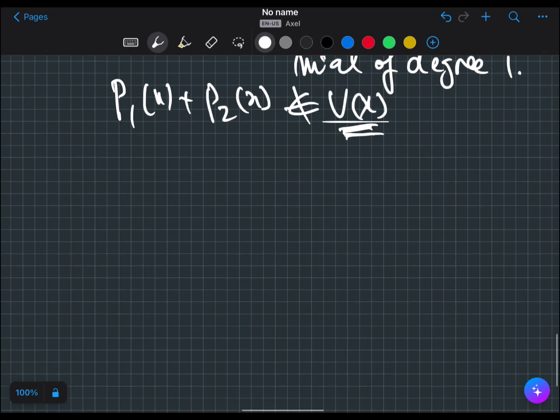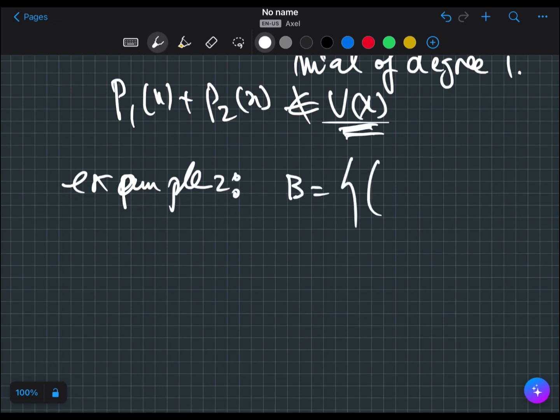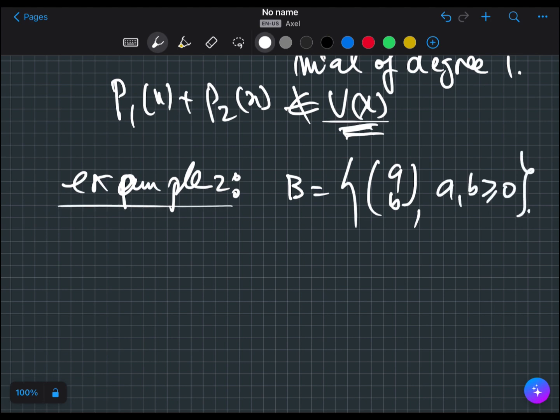Okay, let's look at this other example. Example 2: we have B equal to (a, b), where a and b are greater than or equal to 0. The question is: is B a vector space? So the first thing to do is to check if it is closed under addition.